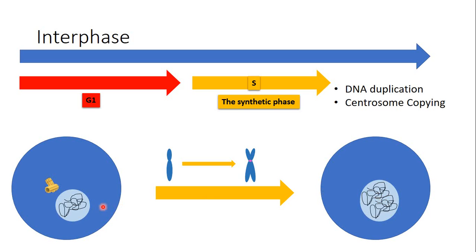The centrosome is a structure that exists normally in the cytoplasm, and in the synthetic phase this structure is being synthesized and copied, and this is very important in order to form a structure called the spindle. These two centrosomes are responsible for creating something called the spindle.